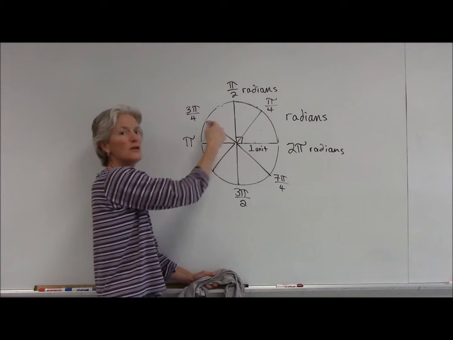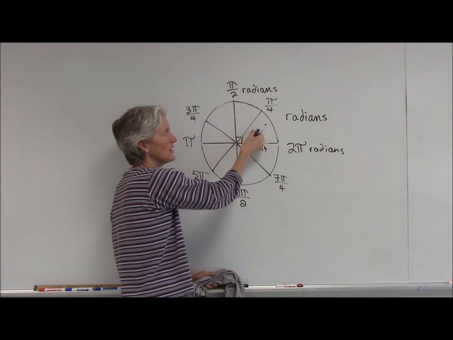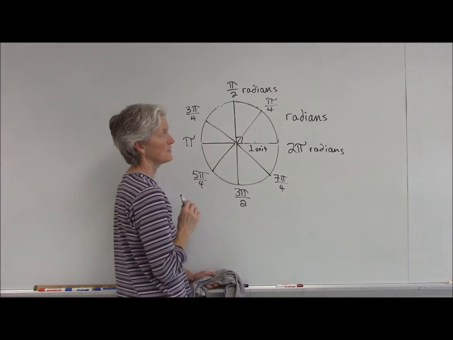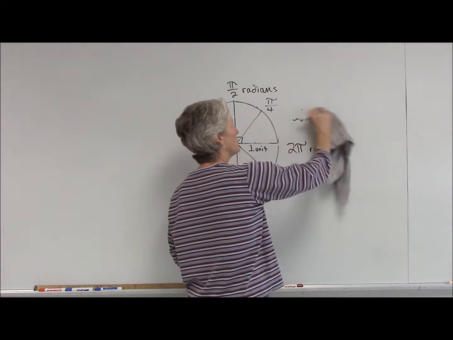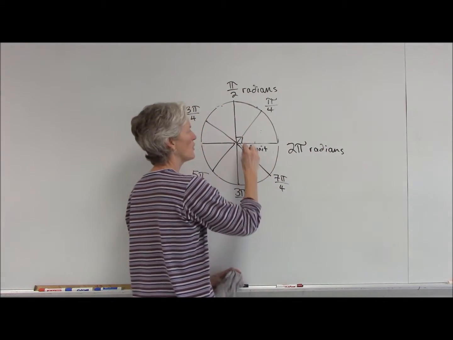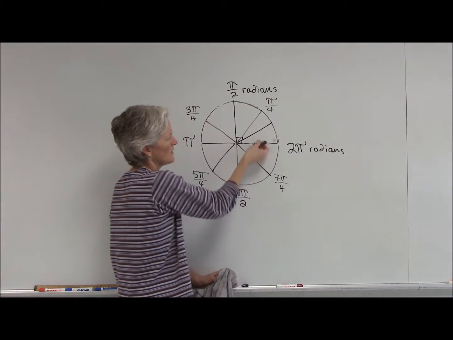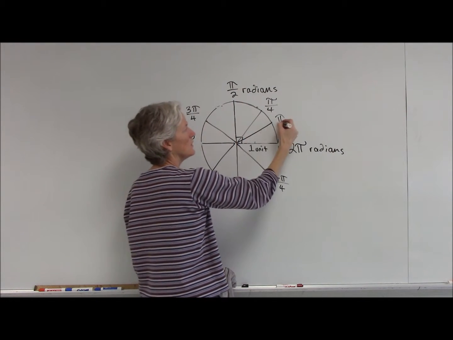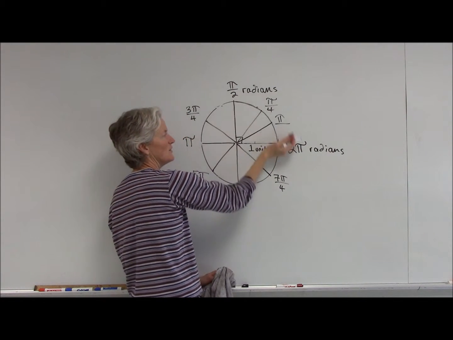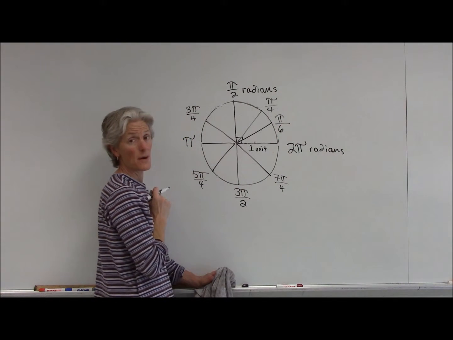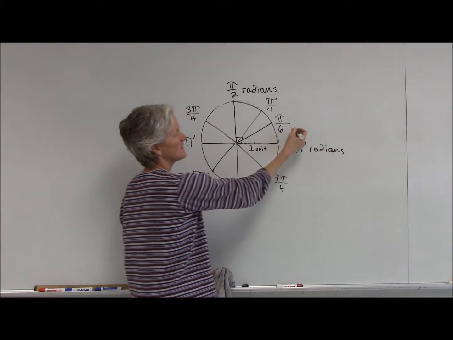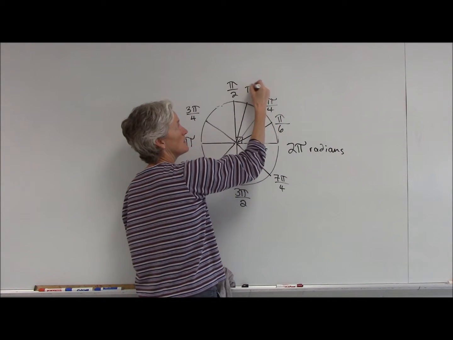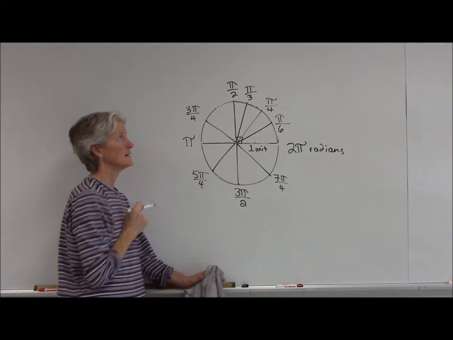And I can keep doing this and get my 30 degrees, my 60 degrees, and all of those multiples as well. Let's put the 30 and the 60 in because those show up a lot. With that 30, I'm breaking my half into sixths. That's a sixth of a pi, the same as 30 degrees. My 60 degrees is the same as pi over 3.